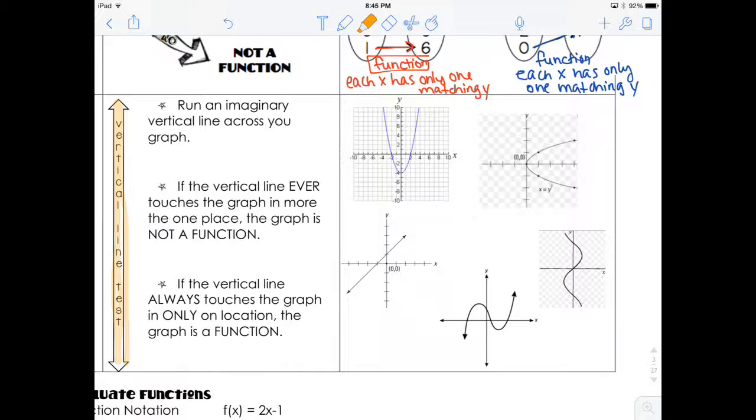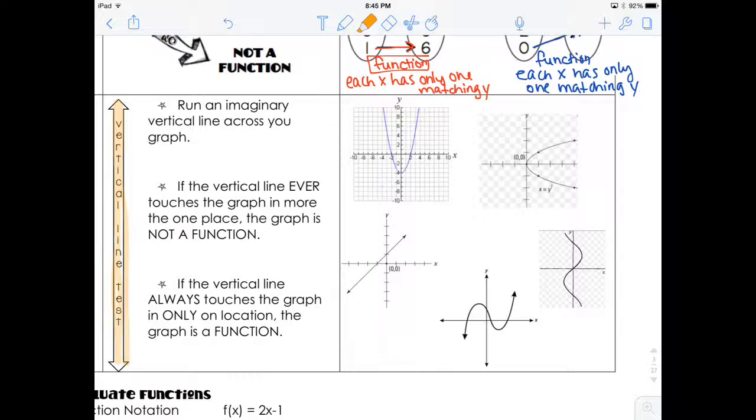So that's how to identify a function. Now let's actually work with the function. So this is going to be evaluating a function. So this is a function, f of x. This is really the same thing as saying y equals. So if you're ever graphing and you see f of x, it really is just y equals.